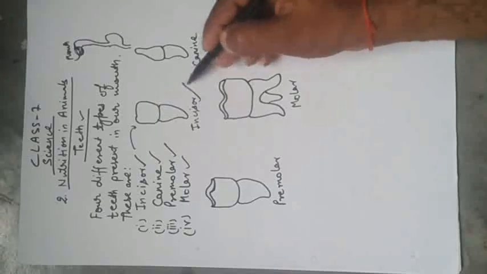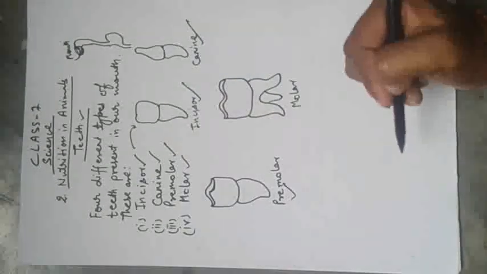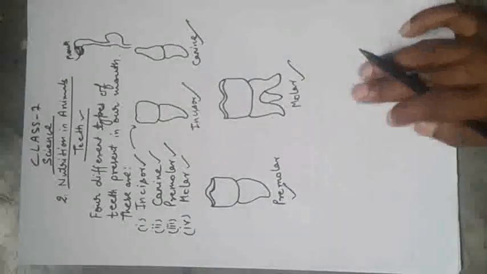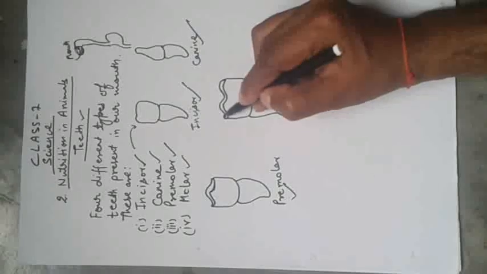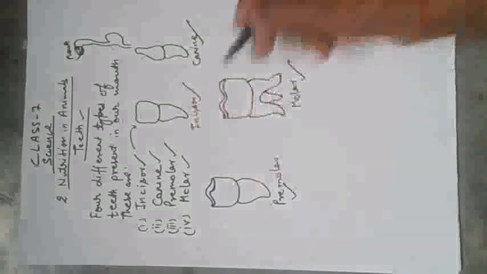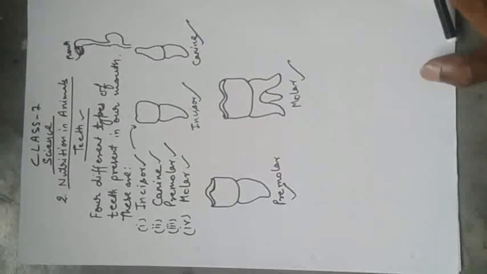The first is incisor, second canine, third premolar, and fourth molar. Their shapes are important because on the basis of their shapes, all four types of teeth perform different functions.